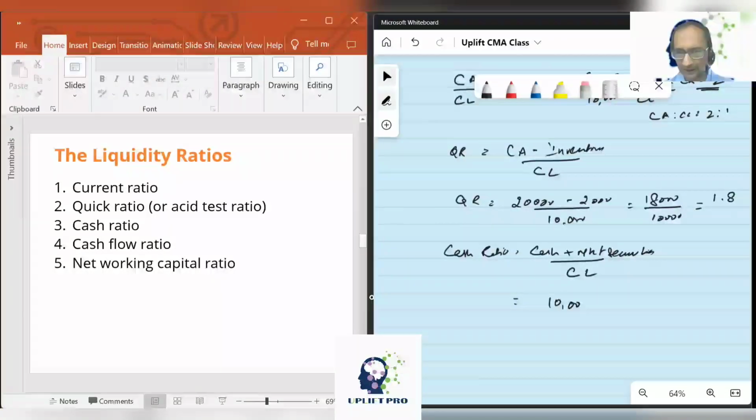So it will be 10,000 divided by 10,000, which will give you a cash ratio of 1. What this means is that, if you're not doing any business, without touching your inventory or your accounts receivable, using only your cash, bank balance, and marketable securities, you can pay your current liabilities once. This is what cash ratio means.